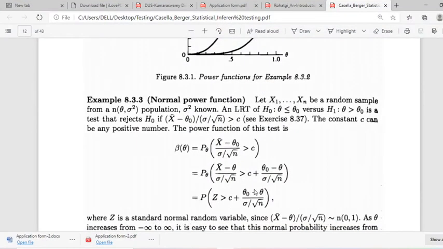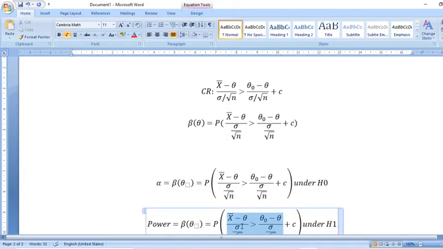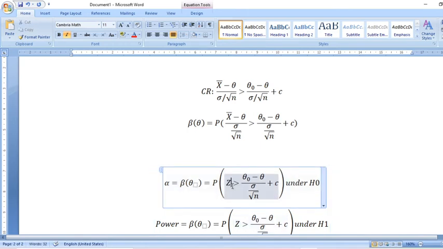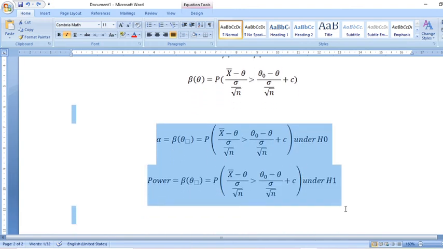The function is explained here, and moreover you can replace this as Z because it is standard normal. Since that is standard normal, or otherwise we can put another step so that you can understand it.